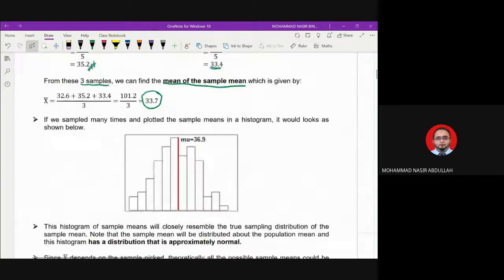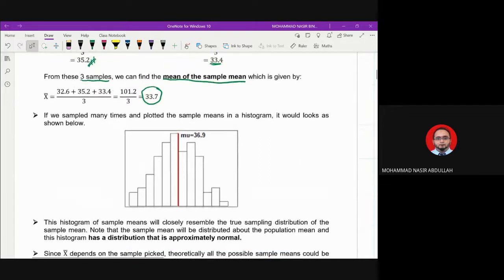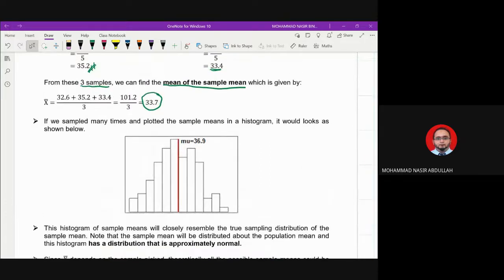So the concept I want to explain here is that when we take a lot of samples, we will get closer to the true mean. The true mean is the population mean.